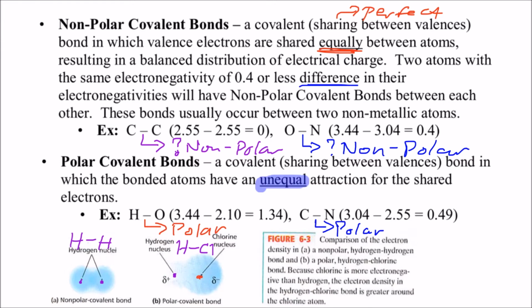Remember, the more protons you have, the more electronegative you are, because the definition of electronegativity is being able to attract electrons to yourself. So obviously, the more positive charge you have, the more electronegative you are. So chlorine is way more electronegative than hydrogen is, and that causes them to have this polar covalent type of bond. Notice how the electrons spend way more time around the chlorine nucleus than they do around the hydrogen nucleus.